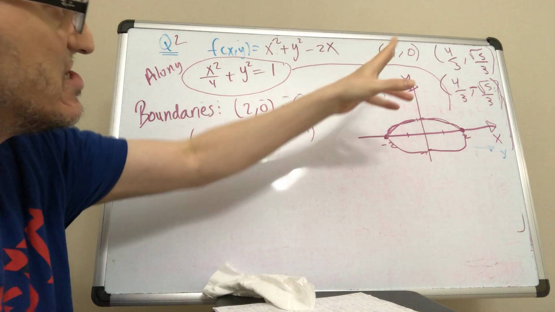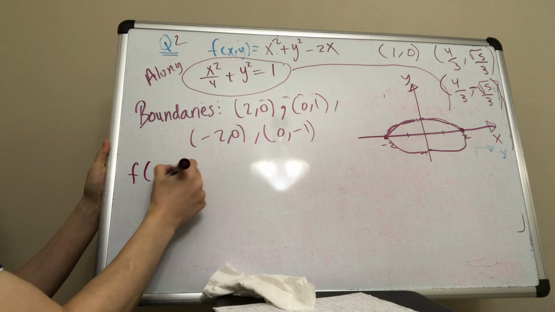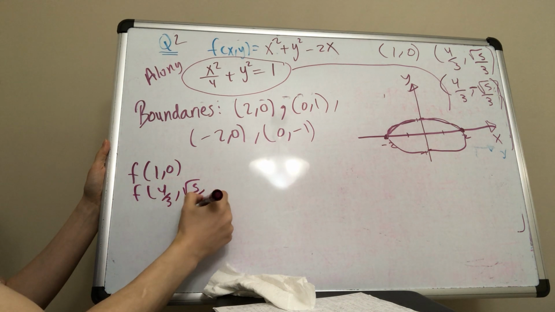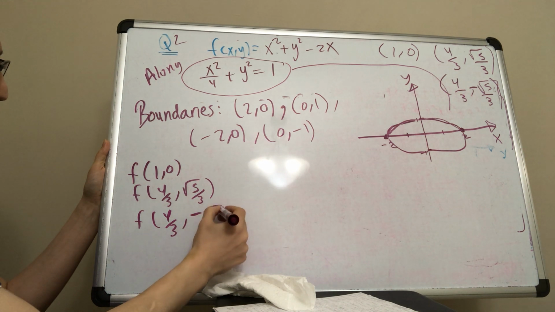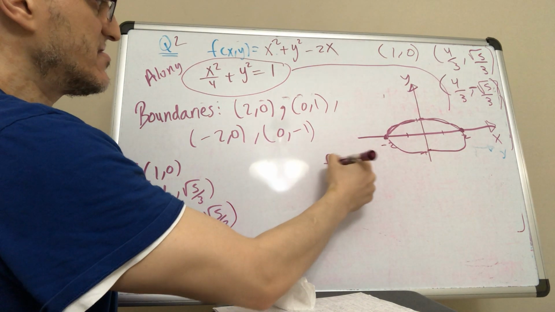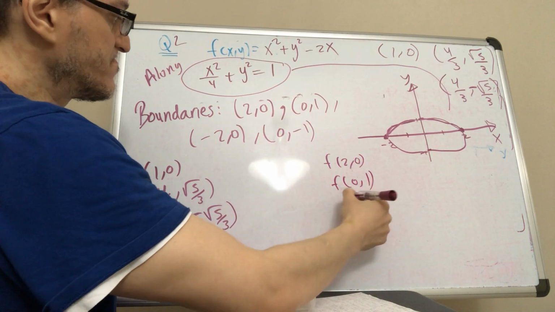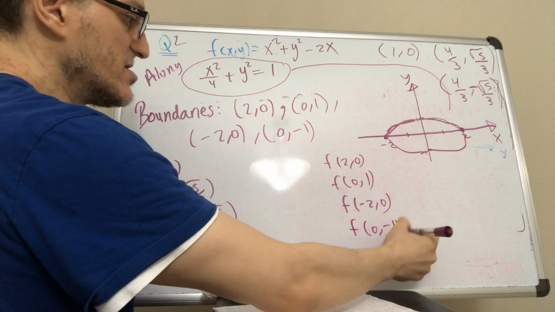So we have 7 points. You plug them all into the function. The 1, 0, the 4 over 3 root, the 4 over 3 and negative the root. And then the boundary is 2, 0, 0, 1, negative 2, 0, 0, minus 1.